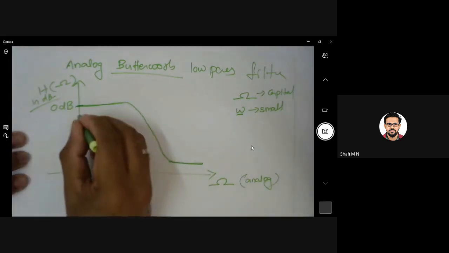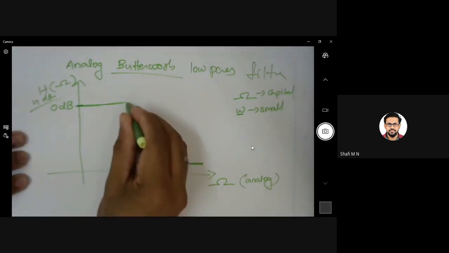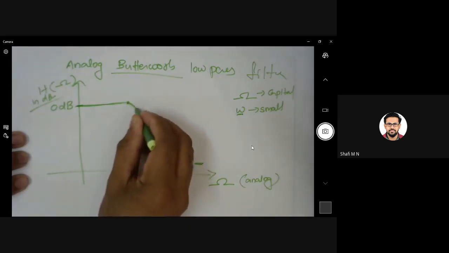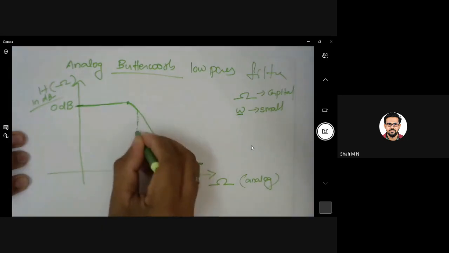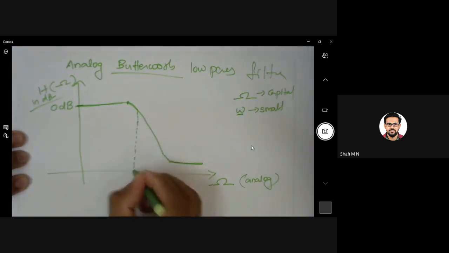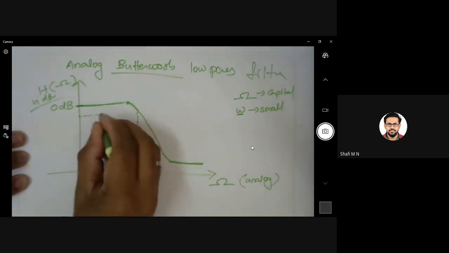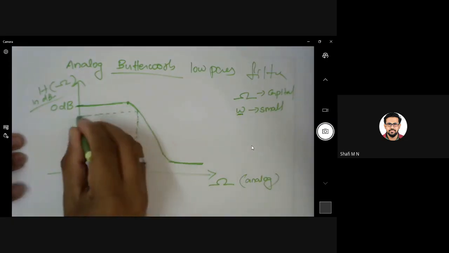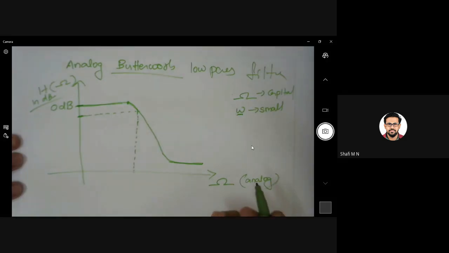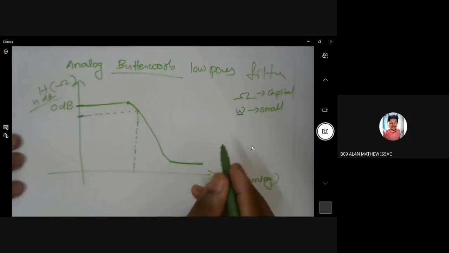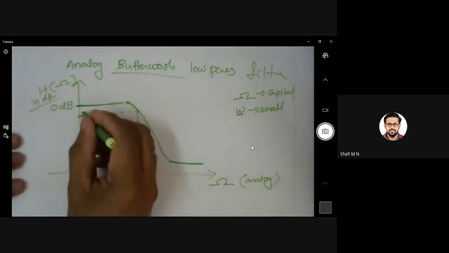And actually your pass band ends here. Then it decreases, but you are ready to accept some attenuation, and you call it the tolerance. That was the tolerance in pass band.